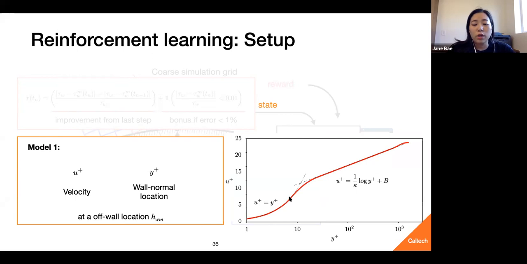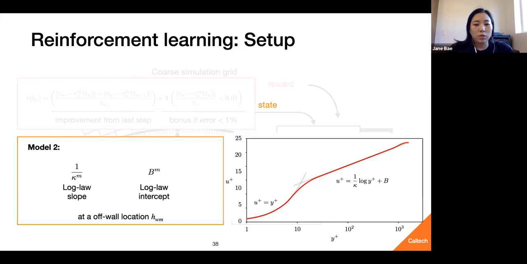So we wanted to learn these log law coefficients using the velocity and the wall normal location. So this was our first model. And basically, we just take an instantaneous quantity, normalize it using what our model gave us. So these are quantities that don't assume anything about the log law coefficient. So it has no knowledge of the kappa or the b in any of the components of our learning. So this was the first model.